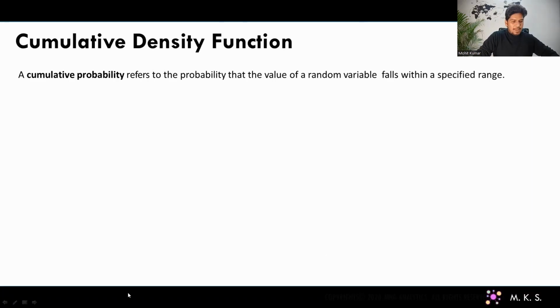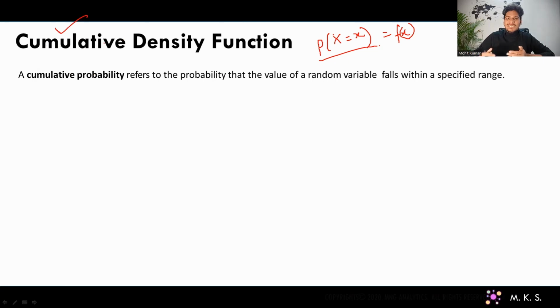Now, if you remember, guys, in our last function PMF, we were talking about the probability of my random variable taking a particular value, right? Probability of x is equal to small x, right? This is our PMF. Now, in case of cumulative density function, from the name itself, it's clear, guys, it's cumulative.